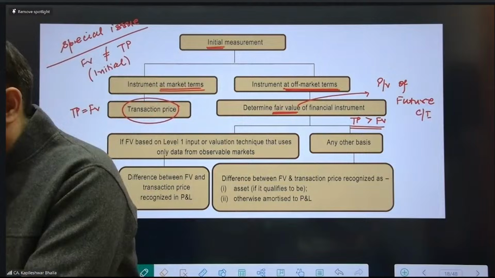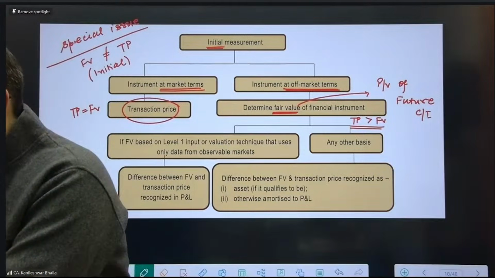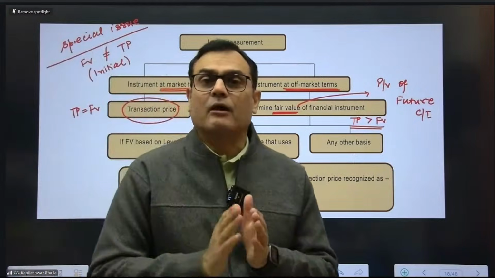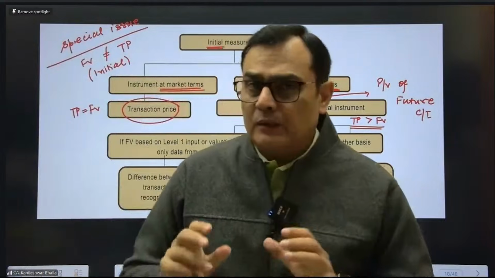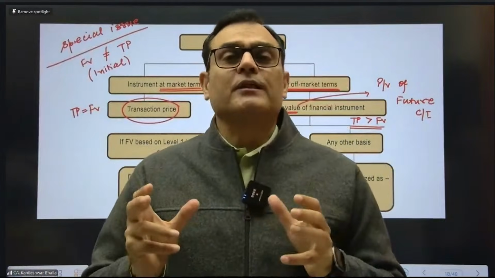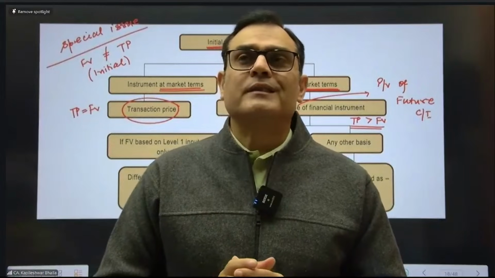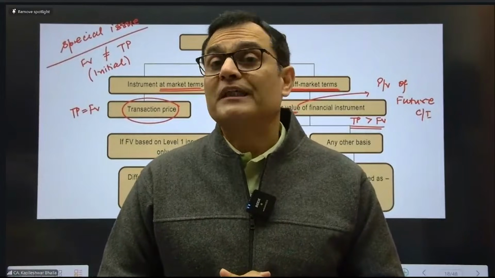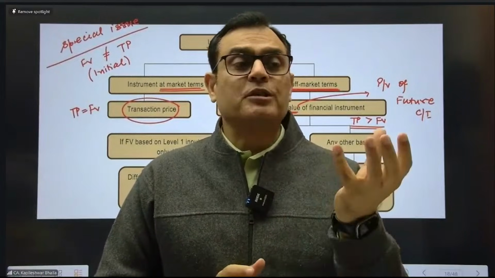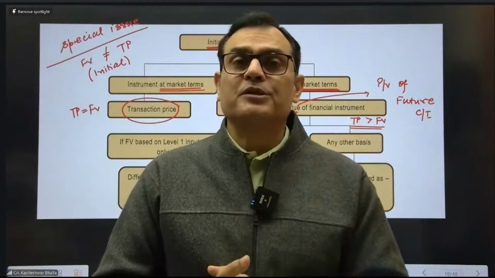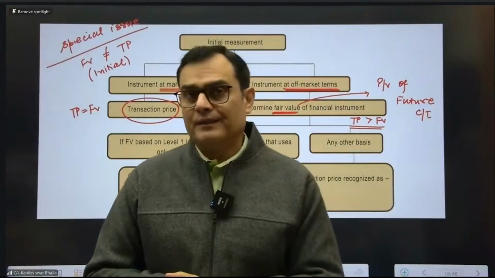I'll give you some basic insights on the concept of 113 only to the extent I require in the standard. When you consider a fair value in 113, there is basically a hierarchy of inputs. The calculation of the fair value considers something called the fair value hierarchy.